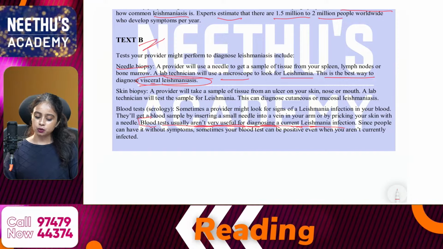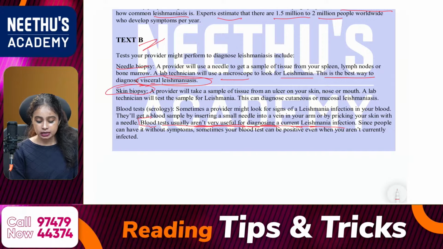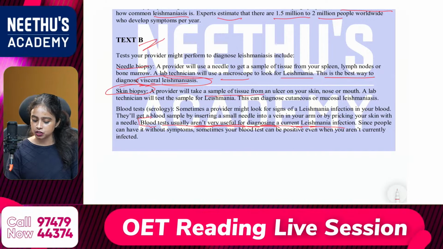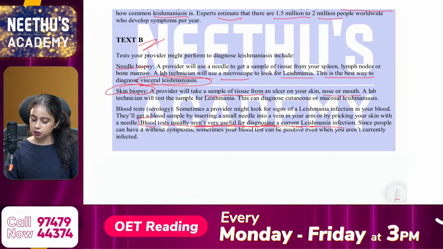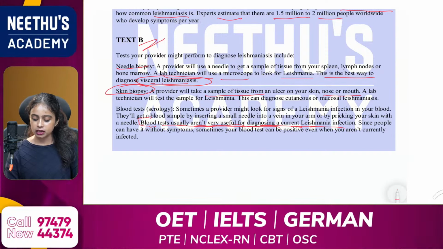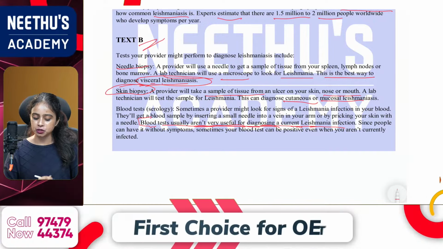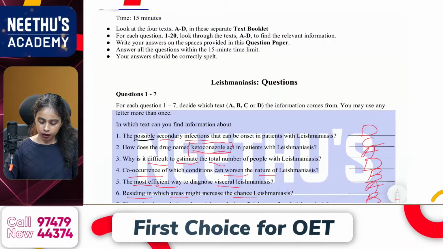It's all about skin biopsy. So what is skin biopsy? A provider will take a sample of the tissue from an ulcer or from your skin, nose or mouth. A lab technician will test the sample for leishmania. This can diagnose cutaneous or mucosal leishmaniasis. So those are the keywords from the question, and the answer is skin biopsy.